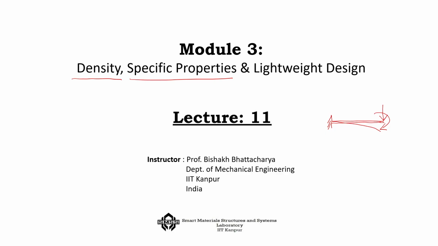It is always to be weighted with respect to the density. So, density, then the specific property, will be the key thing we are going to look into this week in terms of lightweight designs.